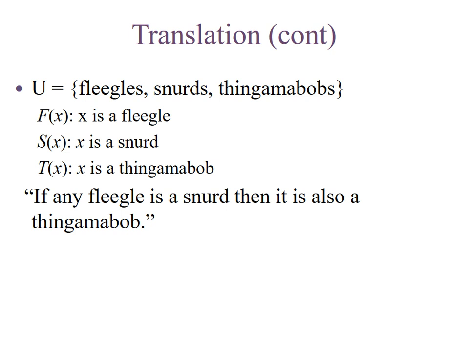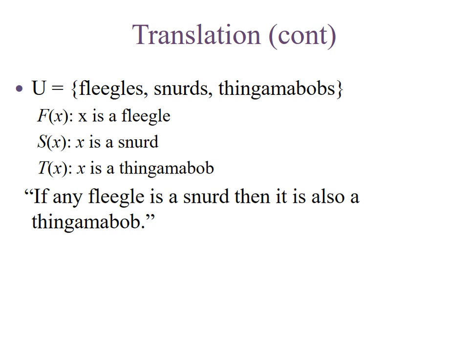Okay, so let's see. Actually, it's a conditional statement. If P then Q. That means for all x, if x is a flagle and a snare, then it's a sigma bar. So for all x, if it satisfies F of x and S of x, then it will be T of x.